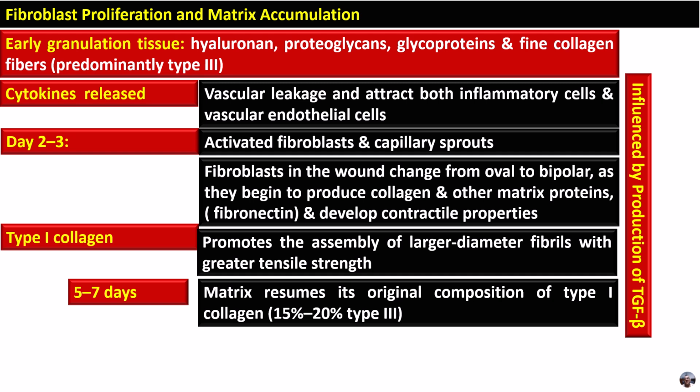During all this process, the fibroblasts are central to the matrix accumulation during wound healing, while type 3 collagen forms the early flexible scaffold, and type 1 replaces this type 3 and forms a dense, stronger matrix. And the master regulator of all this process is transforming growth factor beta that promotes the deposition of the matrix and suppresses the degradation.